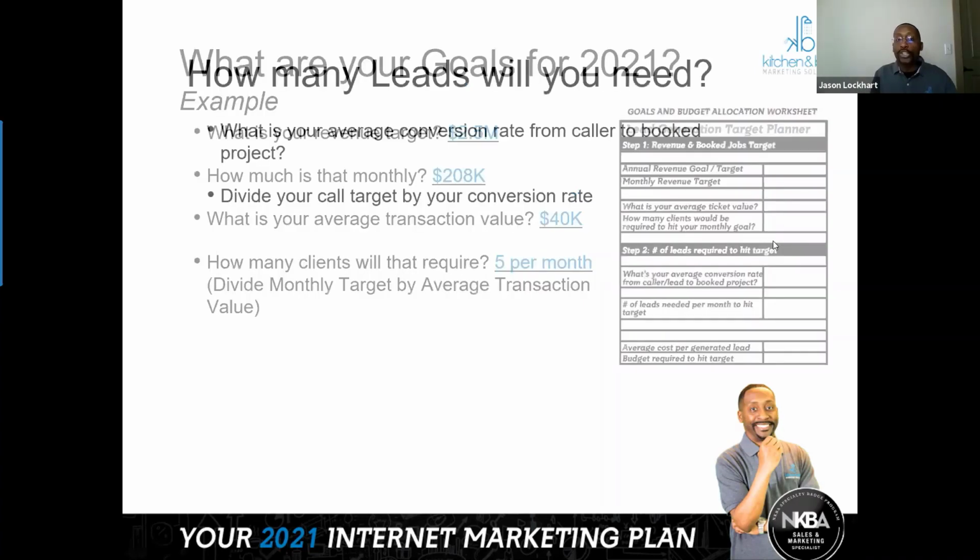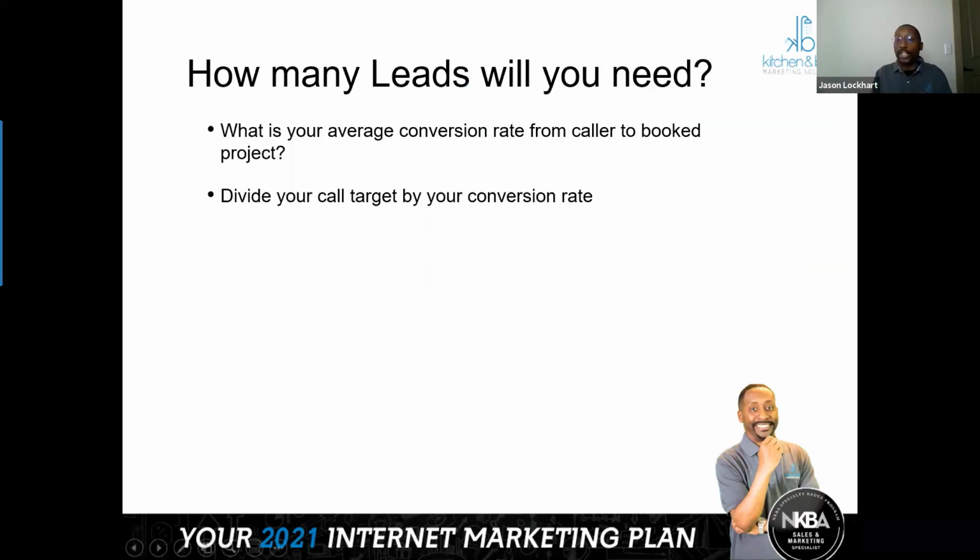Once you have that, now we can talk about the conversion rate. You need to know how many people you need to talk to in order to hit that number. The average conversion rate is between 15 and 20%. That's the average for most small businesses. If you're excellent, you may be in the 30 to 50% range.